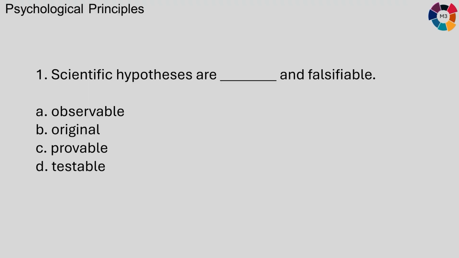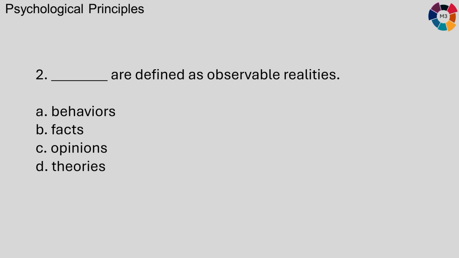Let's do a couple of review questions. Scientific hypotheses are blank and falsifiable. Are they observable, original, provable, or testable? They're testable. Blank are defined as observable realities, behaviors, facts, opinions, or theories.